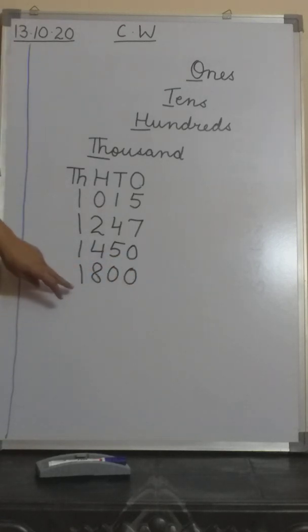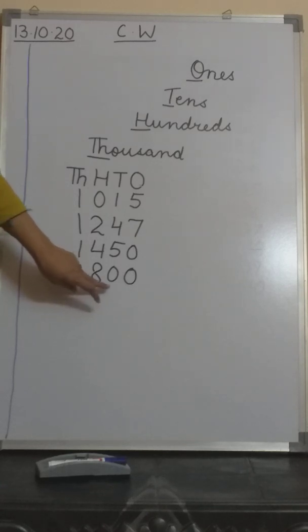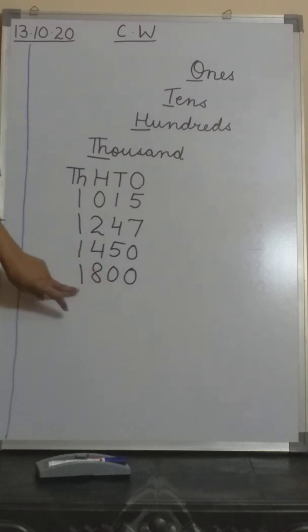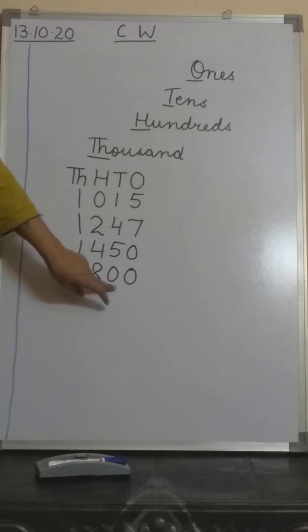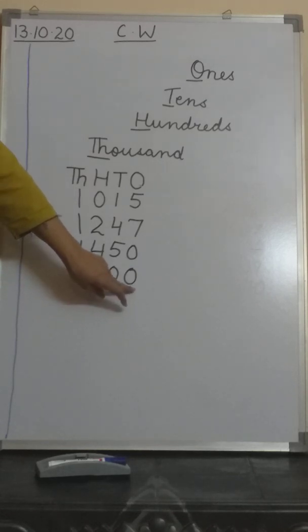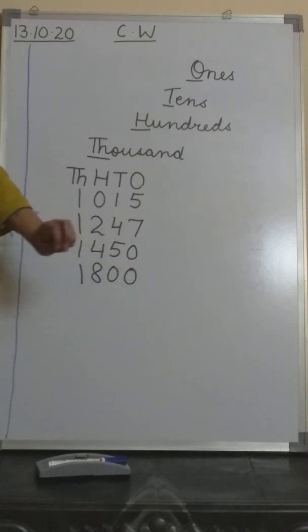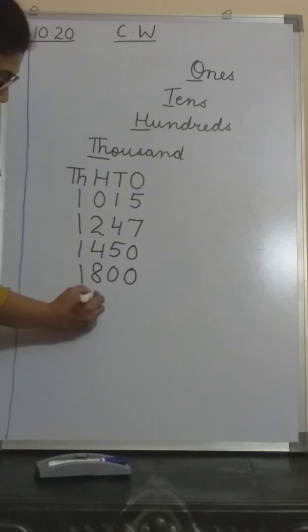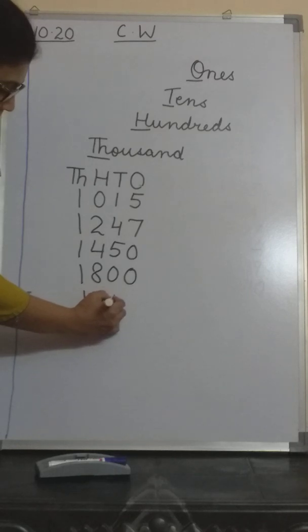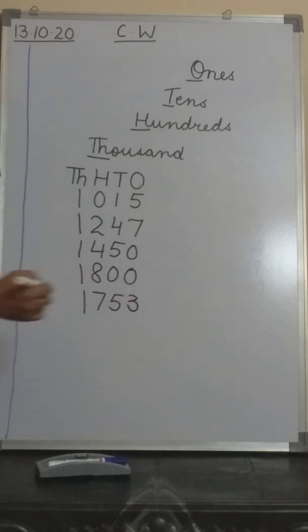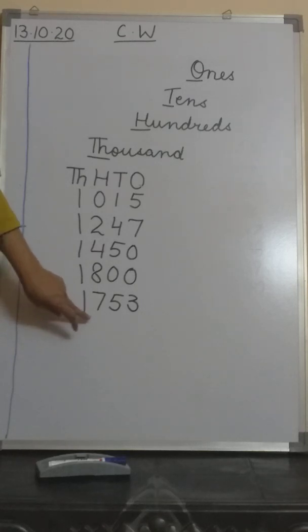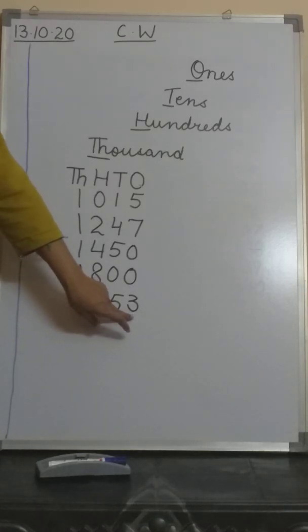Now this number, 1800. 1 comes under thousands, 8 comes under hundreds and 0 comes under tens and another 0 comes under ones. Then 1753.